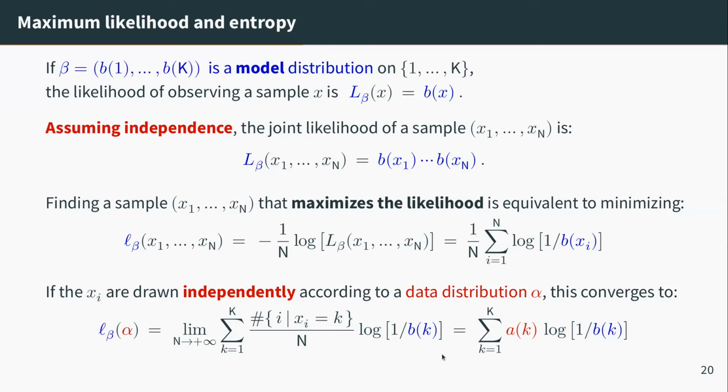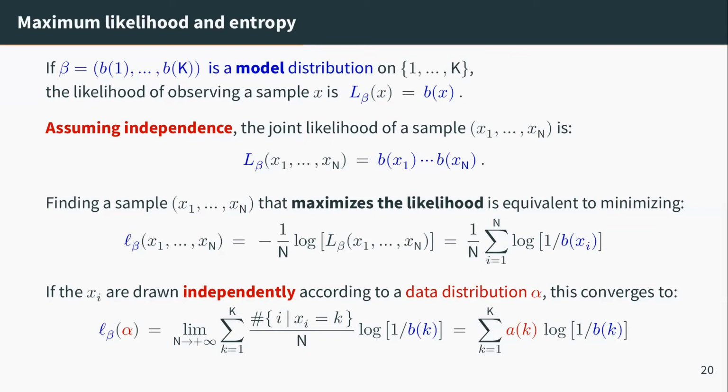And now, if you assume that the samples are drawn independently from each other according to the distribution alpha, then we can permute the sum and the limit. Basically, the average number of xi's that are going to be equal to k is exactly given by alpha of k.